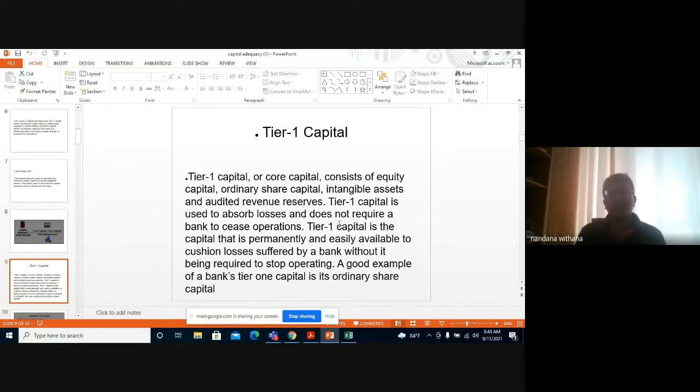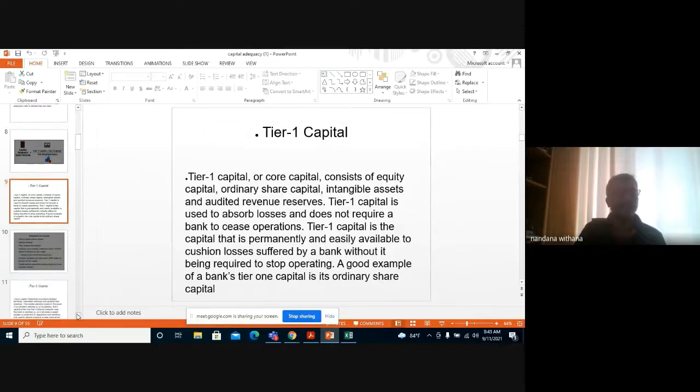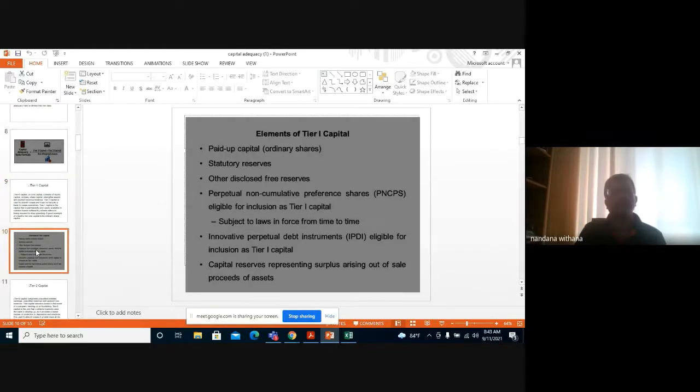A good example of a bank's Tier 1 capital is its ordinary share capital. Yes, that's what you buy as a share trader. These are the components, or elements, of Tier 1 capital, or core capital. Number one, paid up, authorized ordinary shares. Number two, statutory reserves. At the very beginning, with the Excel sheet example, I showed you what statutory reserves mean.